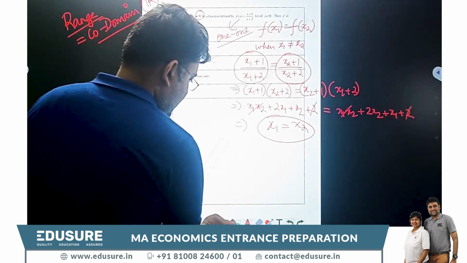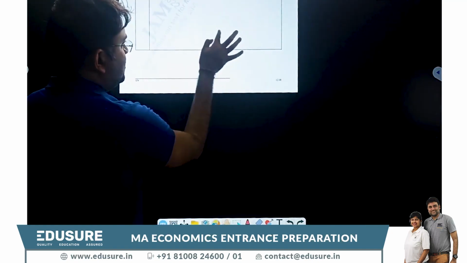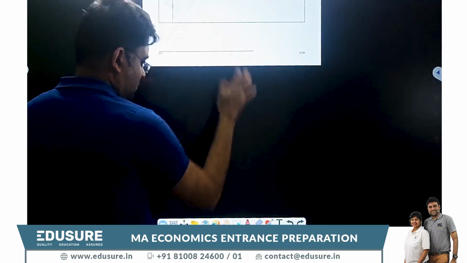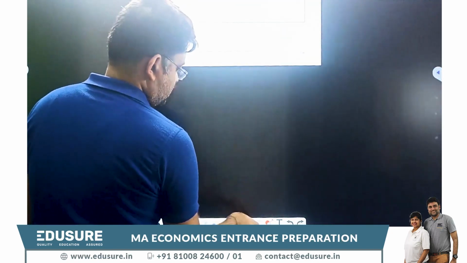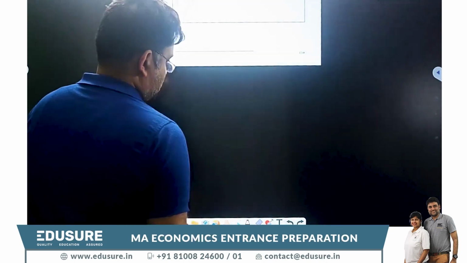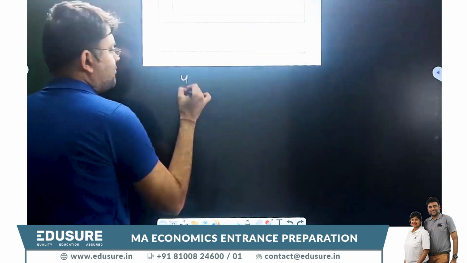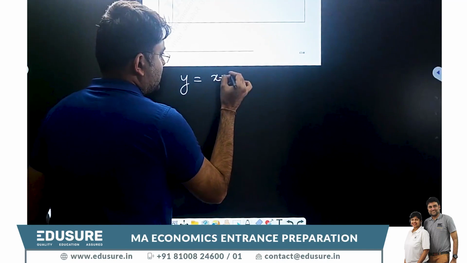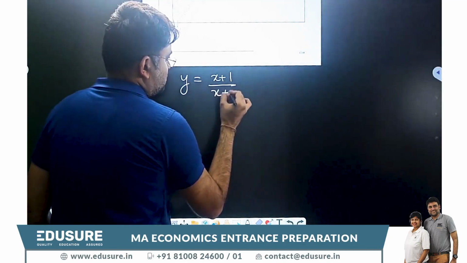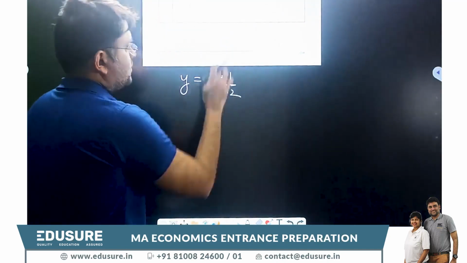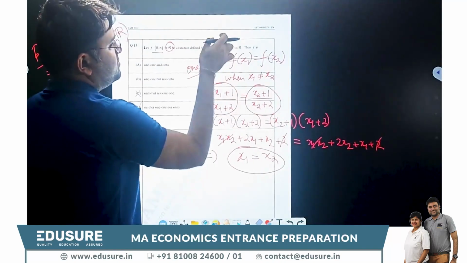In order to find out the range, we can use this space. Let's find the range. y is equal to x plus 1 by x plus 2. This is what it is, right?